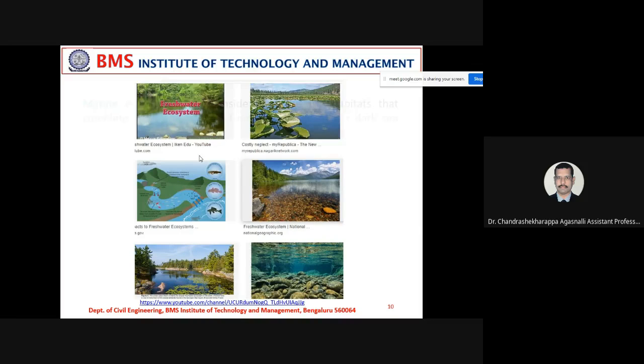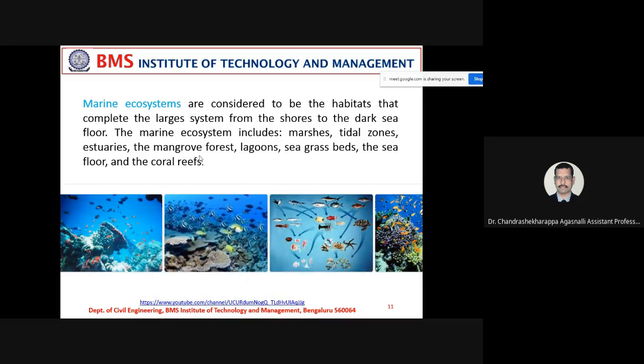Okay. Right. Then marine ecosystems. The marine ecosystems are considered the habitats that are large systems from the shores to the dark sea floors, from the seashores, beach, to the interior of the sea.